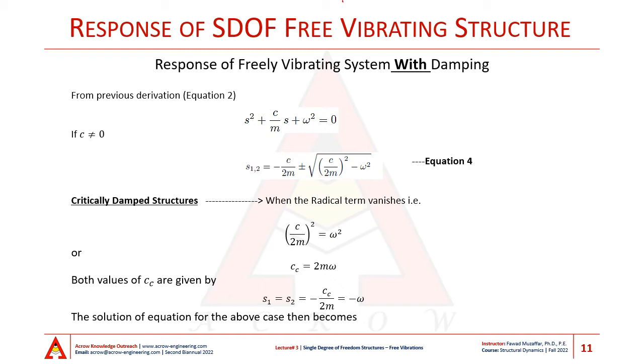As you will appreciate, this system is more realistic as compared to a single degree of freedom system without any damping, since nearly all of the systems or scenarios under consideration involve structural systems that have finite amount of damping.